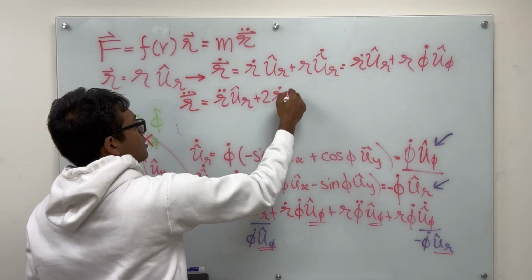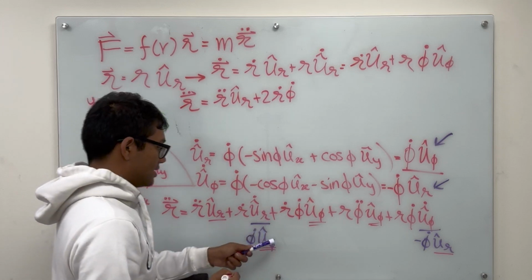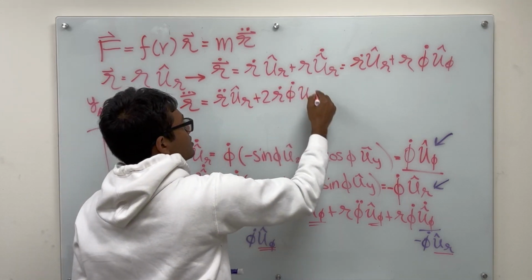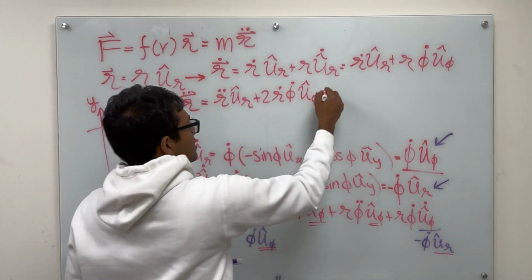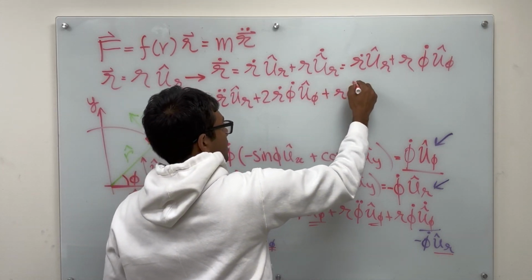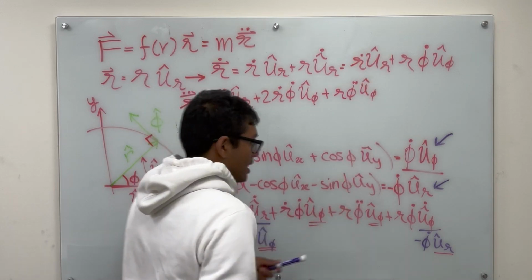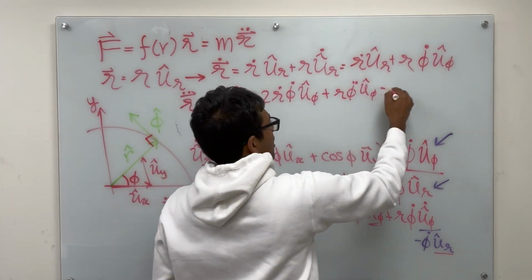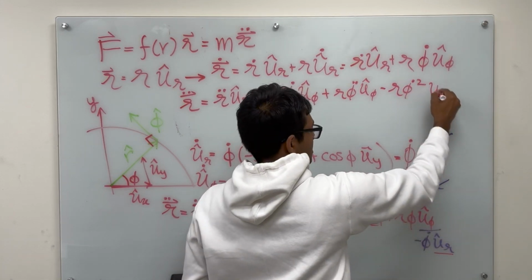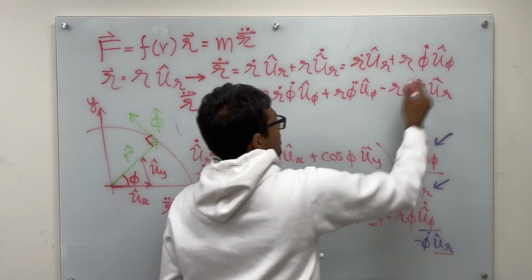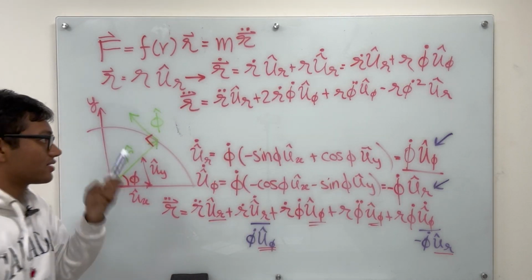So I have 2 r dot phi dot times u sub phi, very good. And then I have r phi double dot u sub phi. And finally, minus r phi dot squared u sub r. Okay, very good. So this is what we have thus far.